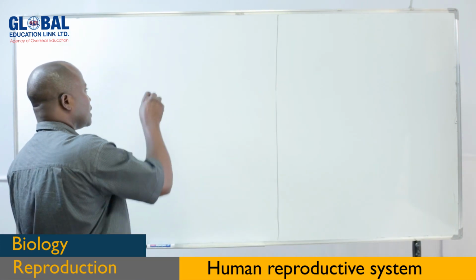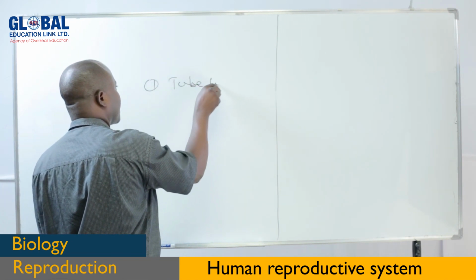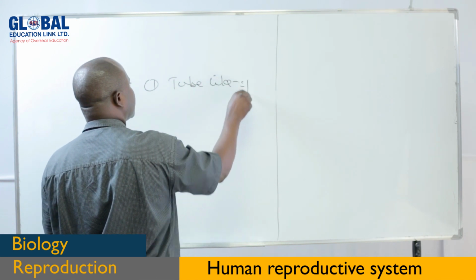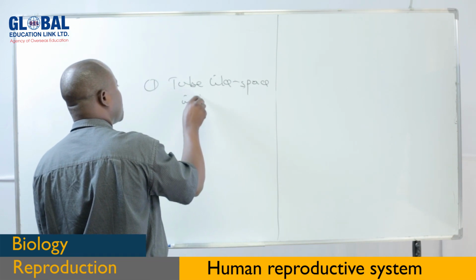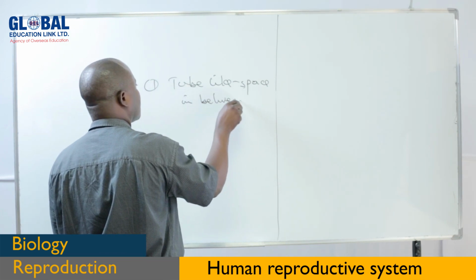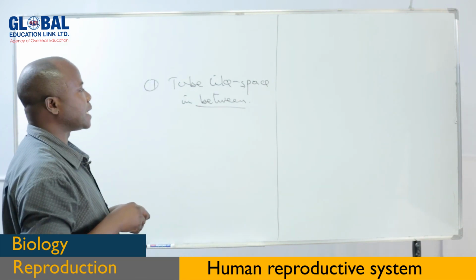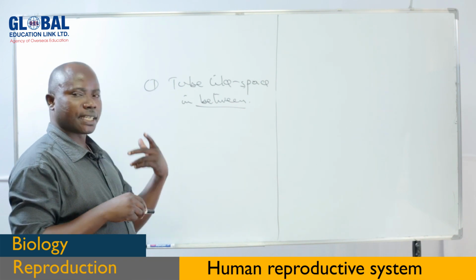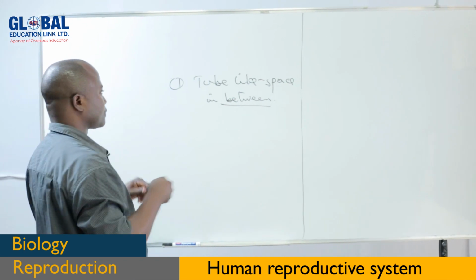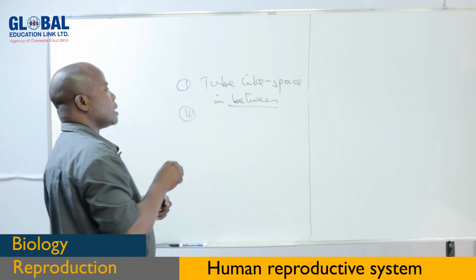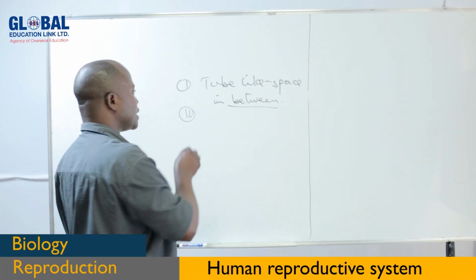First of all, the fallopian tube is a tube. It means it has space in between. You will have to explain what is the essence of having a space in between from the ovary to the uterus. But also, the inner part of the fallopian tube has cilia.